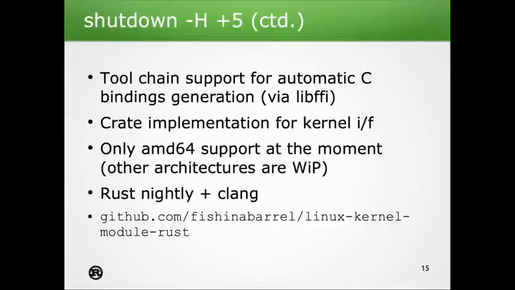For the details, please take a look at kernel.org and the corresponding documentation as part of your kernel source tree. It's all documented in the Documentation folder once you untar the tar file. At the moment, it's only AMD64 support, so it basically only supports Intel 64 bits. Other architectures are work in progress, especially given the fact that projects like Fuchsia are looking at Rust in great detail.